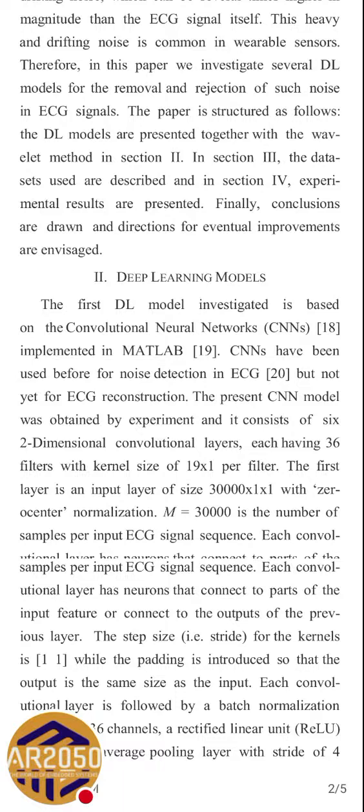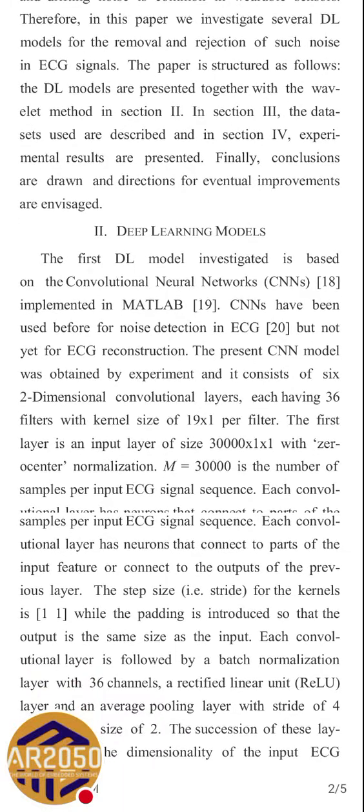Okay, so they said that although CNN was used for noise detection, they did not reconstruct the original ECG for denoising. So they present a CNN model obtained by experiment, and it consists of six two-dimensional convolution layers, each having 36 filters with a kernel size of 19 by 1 per filter.